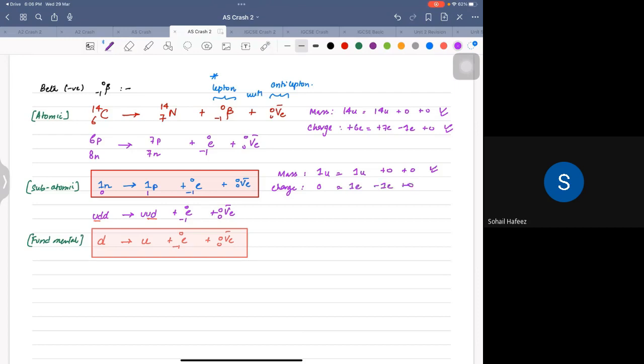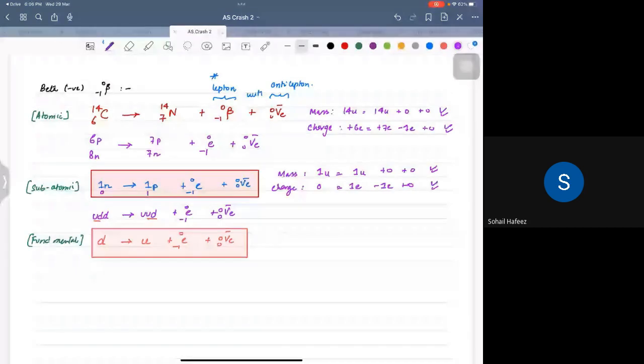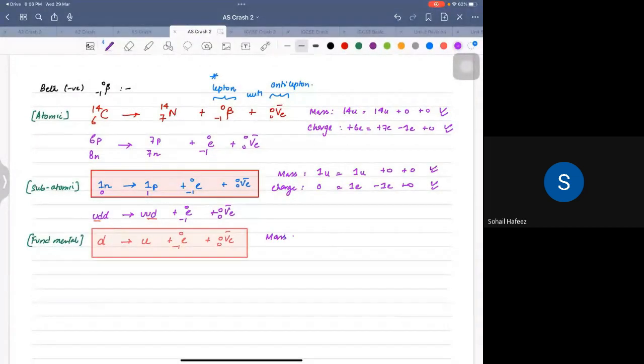So 0 and 0, conserved. Do you guys agree? This is the same way, if they ask you to prove it, you have to prove it this way. Then for a fundamental one, what is the mass of a down quark? Tell me please.